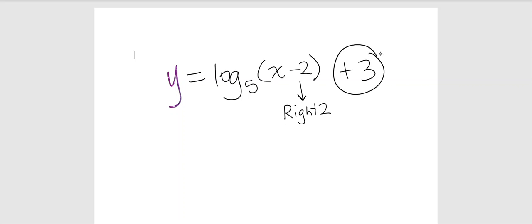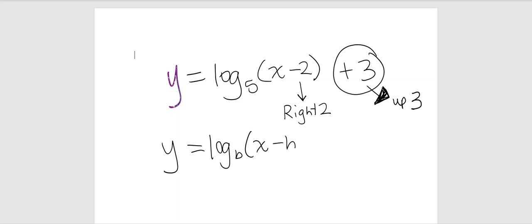And because there's a constant at the end where our vertical transformation is, we know it moves up 3. So y equals log base b of x minus h, plus k.